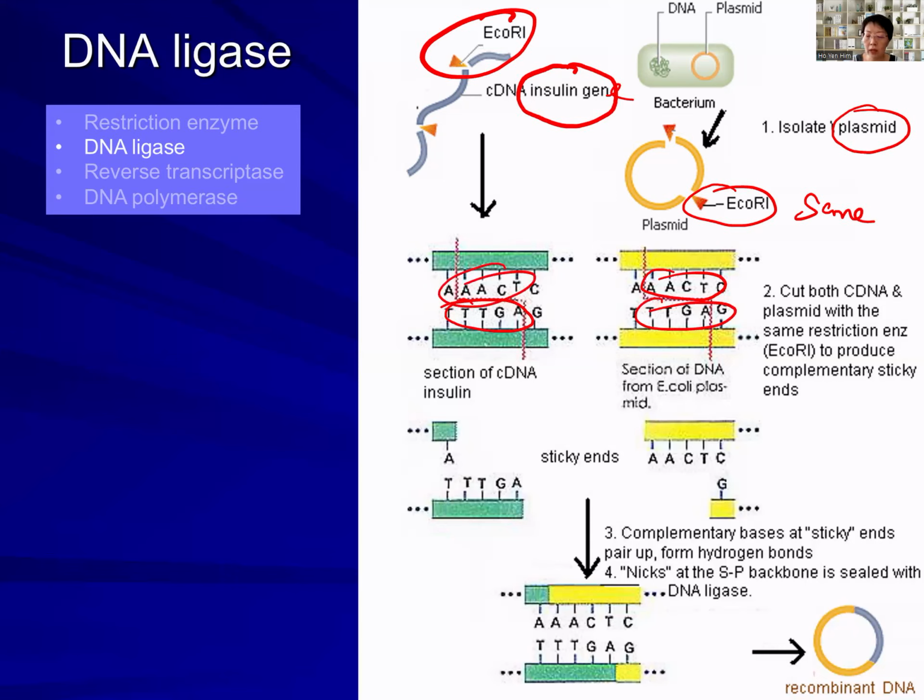So when you put the insulin gene and the plasmid together in the same test tube, you see that this sticky end will form complementary base pairs with this sticky end, and then we'll use DNA ligase to seal the nick by forming phosphodiester bonds, and as a result, we'll get the recombinant DNA.